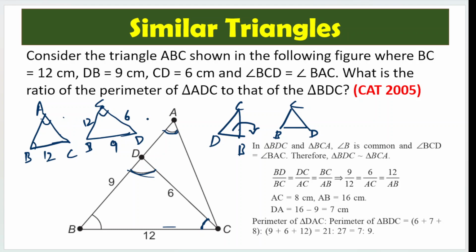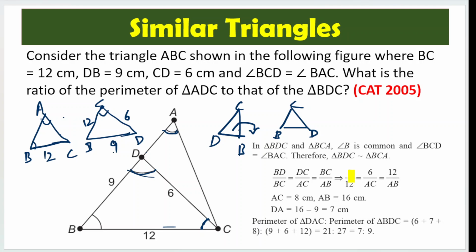Now we have got two similar triangles. So 9 by 12 is BD by BC, which is equal to DC by AC, which is 6 by AC, which is equal to BC by AB, the third side, that means 12 by AB.